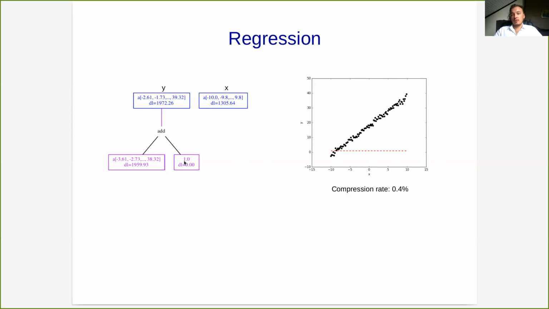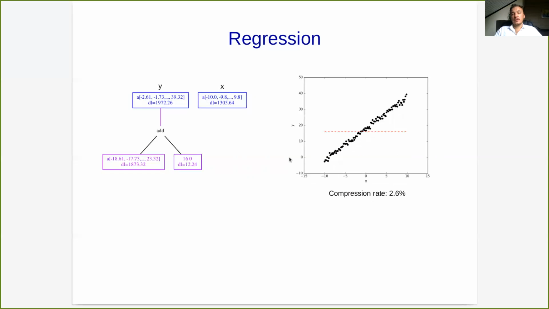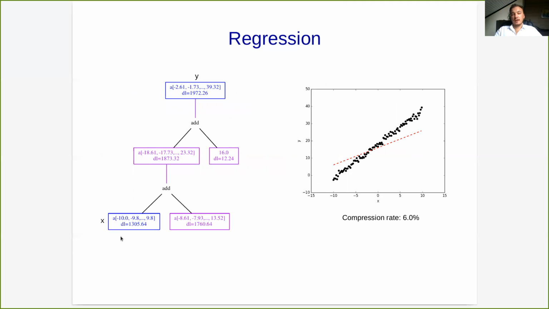The description length of a number n increases logarithmically with n. So smaller numbers just take fewer bits. And then he replaces the 1 by a 2, and then by a 4. And you see here the estimate, the red dashed line, increases slowly, and then he replaces it by a 16, and then he uses the x.